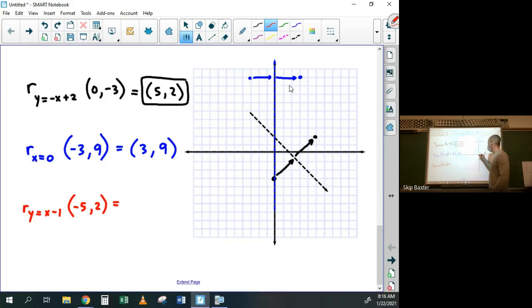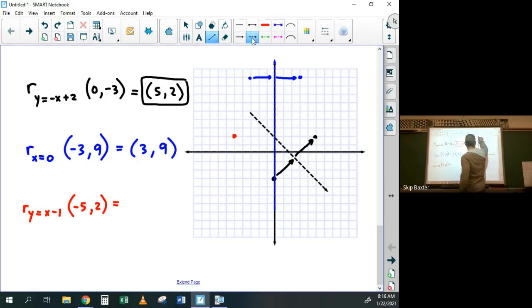So I have negative 5, 2. That's here. What does the line y equals x minus 1 look like? What's the slope? 1. Y-intercept? Negative 1. All right, good. So I'm going to plot that as a dotted line.